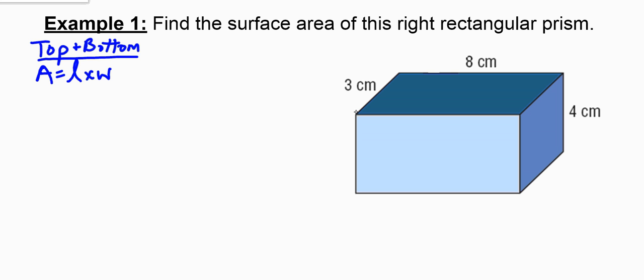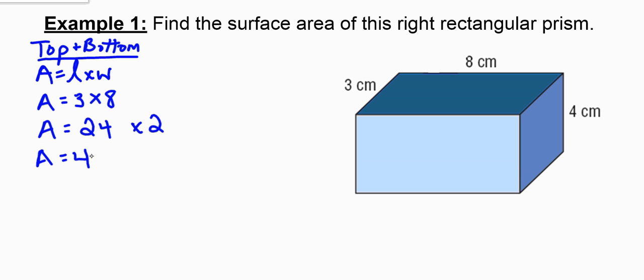And I know that the top is 3 times 8. So my area is equal to 3 times 8, which is 24. And I have 2 sides. I have the top and I have the bottom. And so my area overall is going to be 48 centimeters squared.